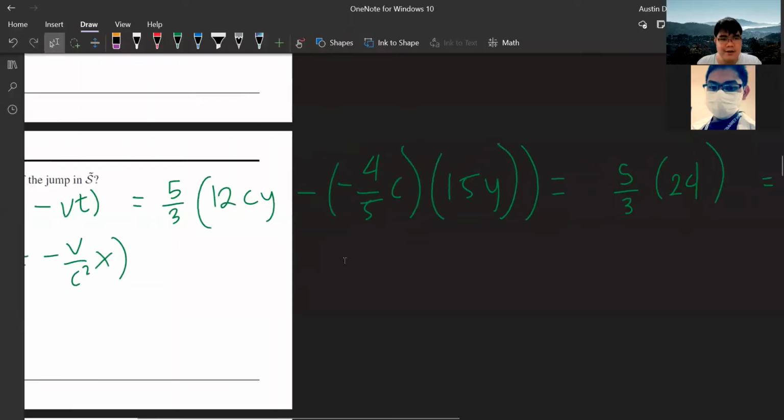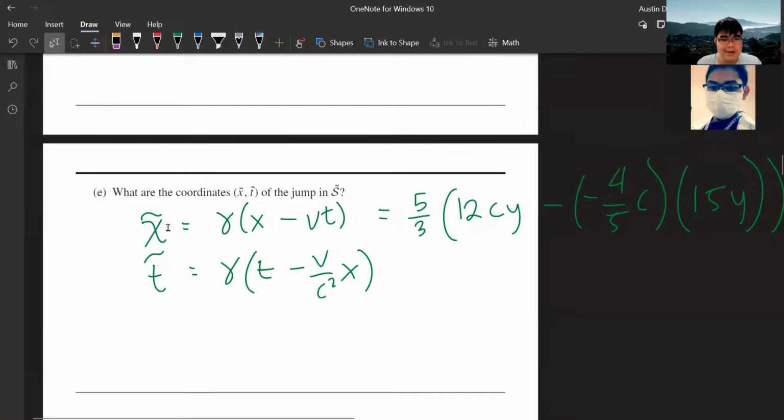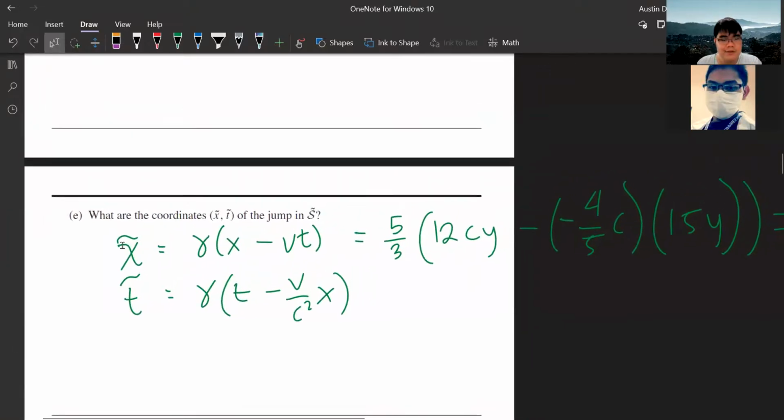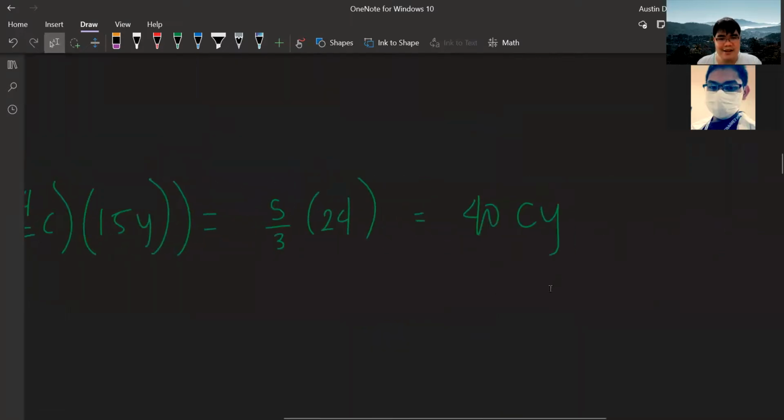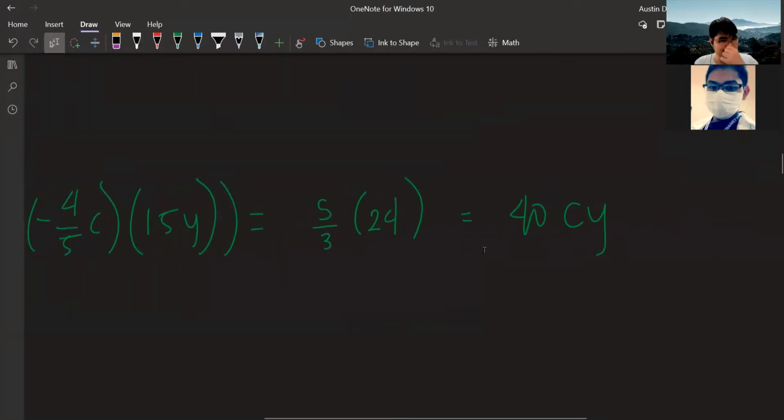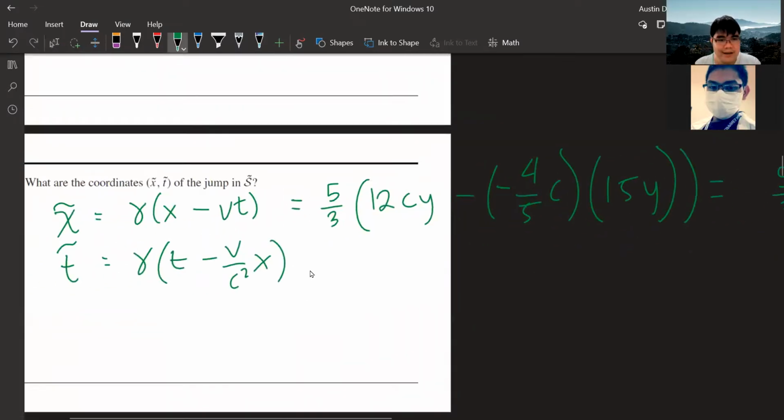And then the other one, so yung x tilde coordinate nung jump would be 40 CY, 40 light years. And then the time that it occurred would be 5/3. You just plug in things, 15y minus 4/5 c, c squared.